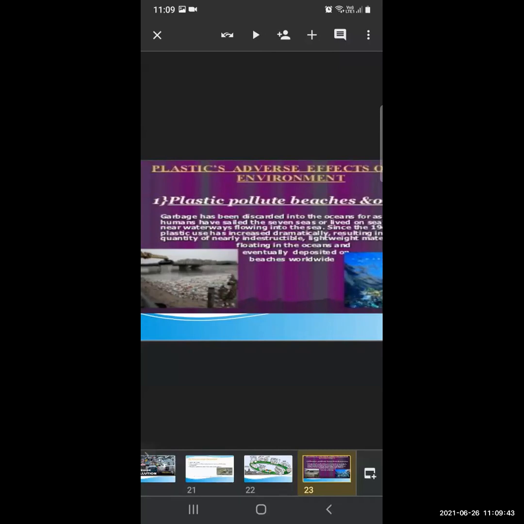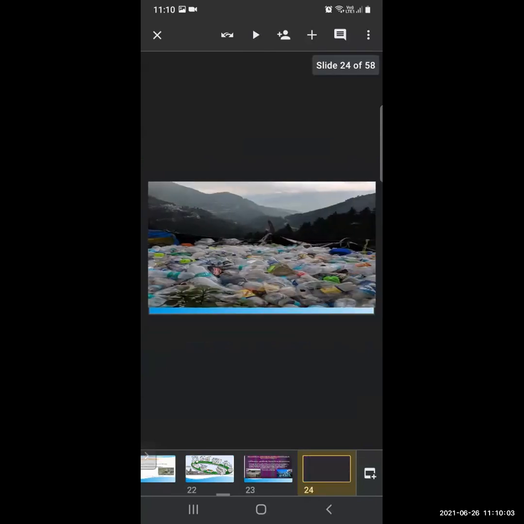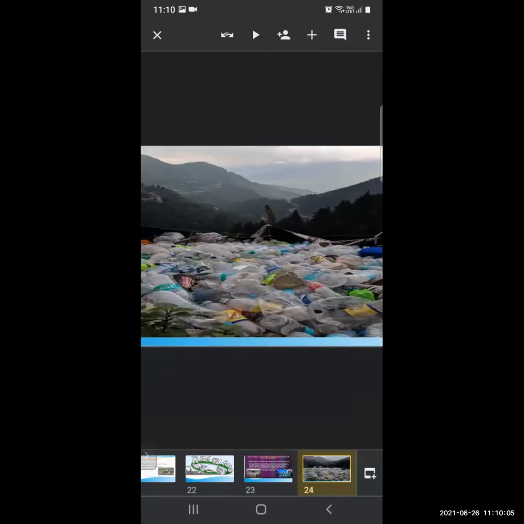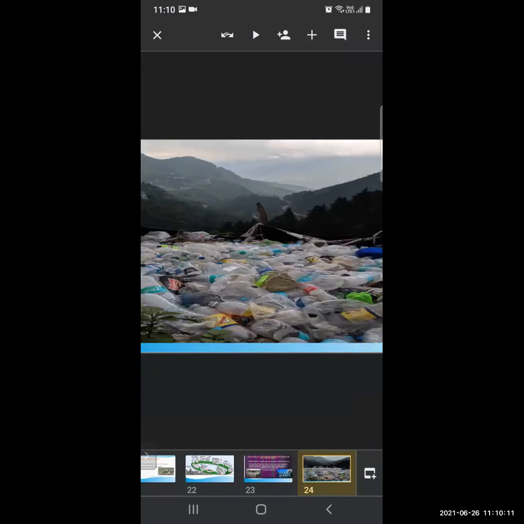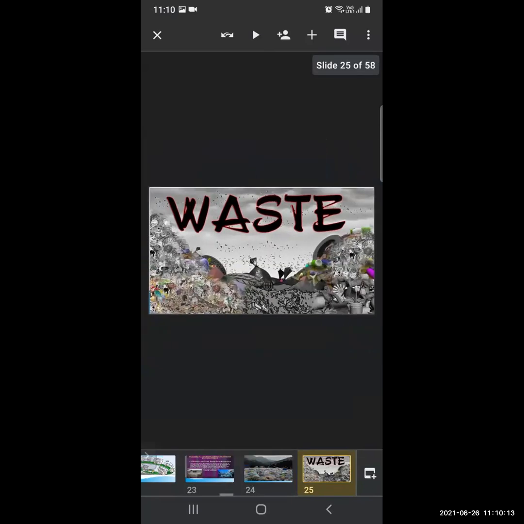When the garbage is collected and then segregated, most of the unused things are dumped into the beaches and oceans. So the aquatic life in the ocean is also polluted and killed. As you can see, the plastic pollution.